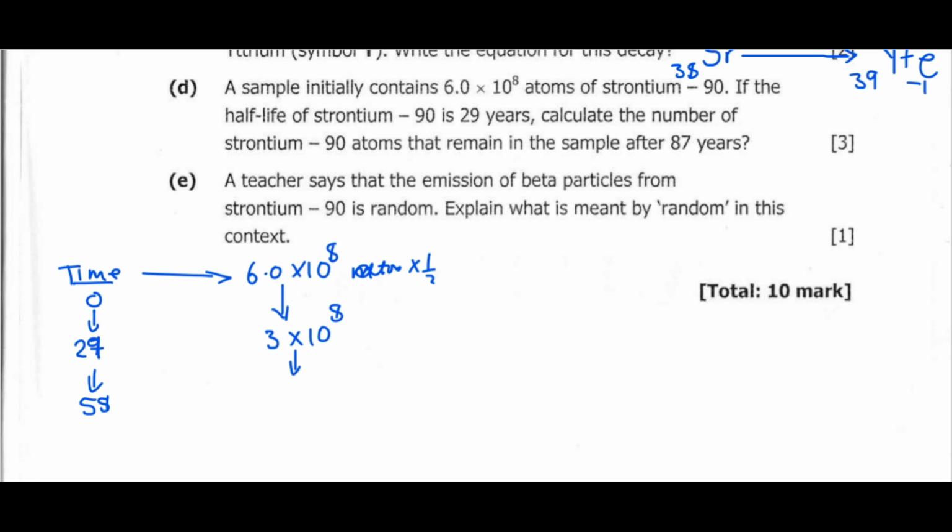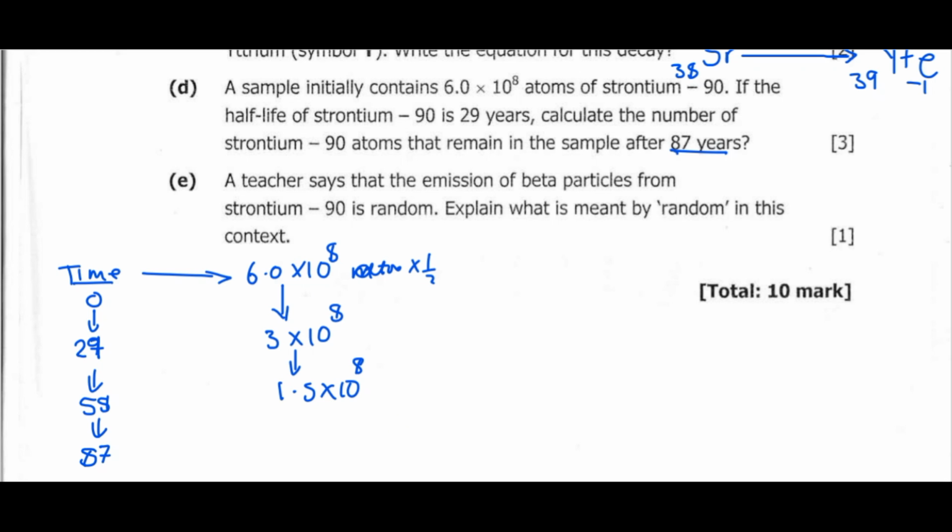What is half of that number? 3 times 10 to the power 8 divided by 2, I'm getting 1.5 times 10 to the power 8. Then what is 58 plus 29? I have 87 here, and we want 87.